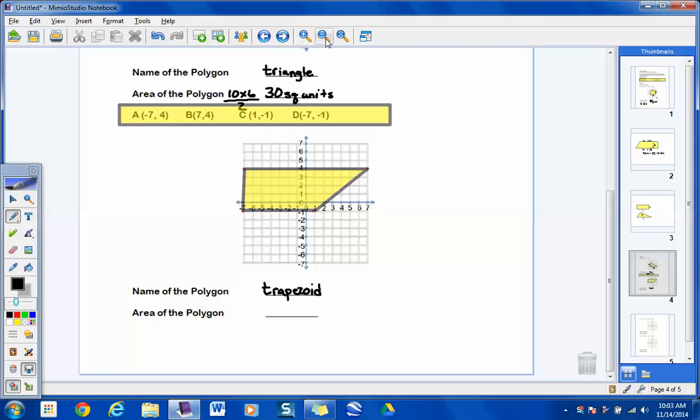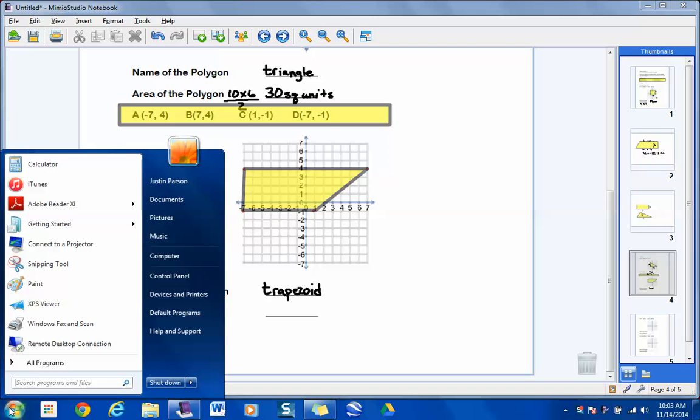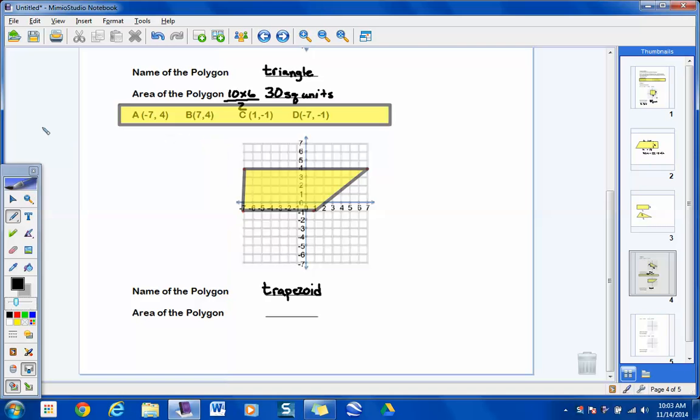Do we have a formula for a trapezoid? Base 1 plus base 2, then times the height, then divided by 2, right? Okay. How about base 1 and base 2 in this? Anybody know what base 1, base 2 might be in this? What values, Lauren? The top one.